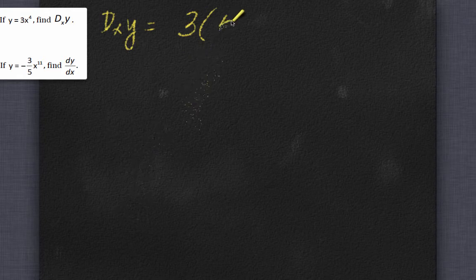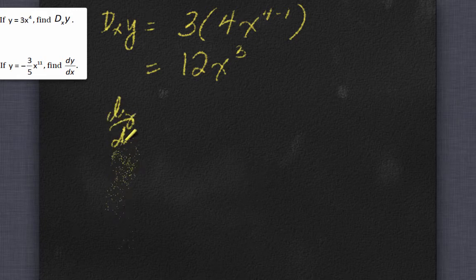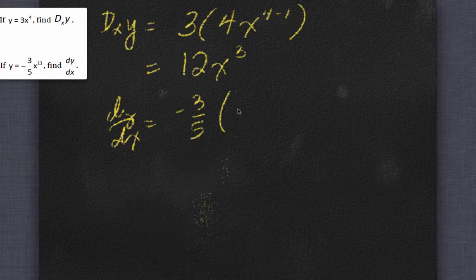So on this first one, I leave the 3, bring the 4 down, and then for this one, the negative 3/5 just hangs on.